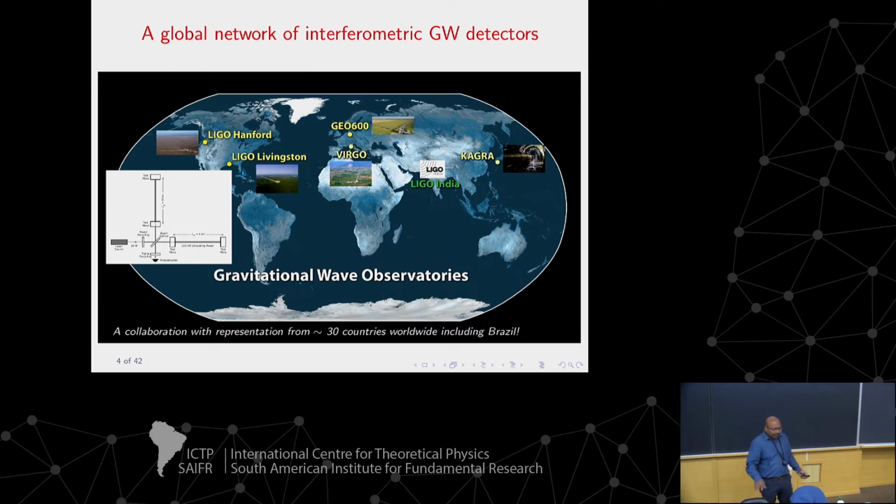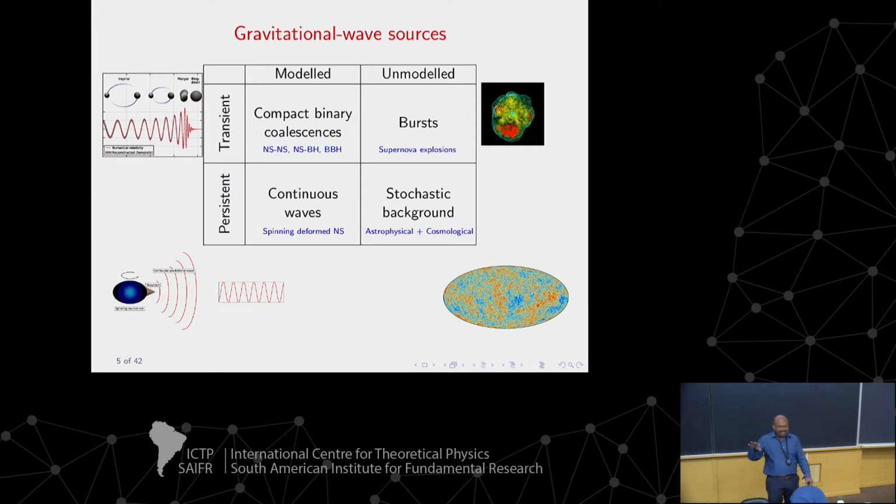The gravitational wave sources which we expect in the region of 100 hertz-ish fall into 4 categories. These also define 4 of the data analysis techniques that go into our gravitational wave data analysis.